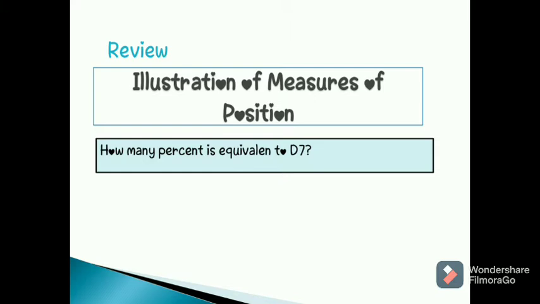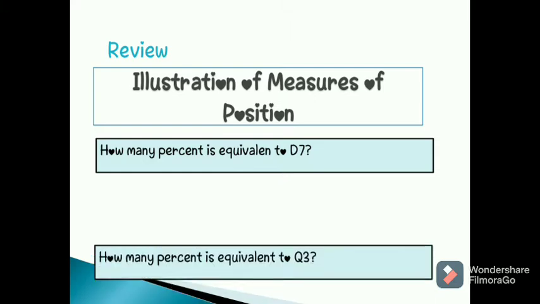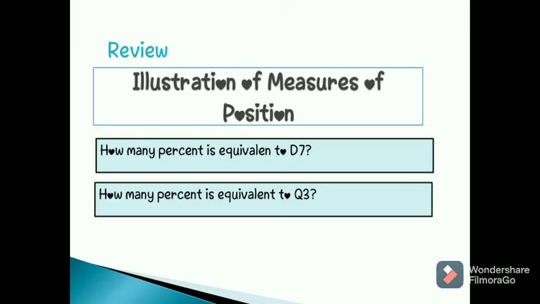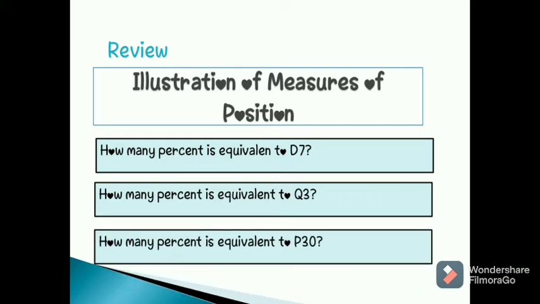About the quartile 3 is 75%, and the percentile 30 is also 30% because the percentile and the percentage have the same value. The percentile divides into 100 equal parts, and the percentage is the total as a whole, which is 100%.